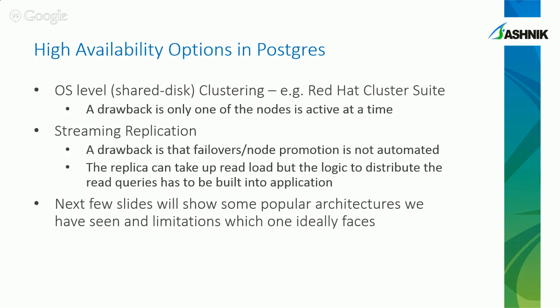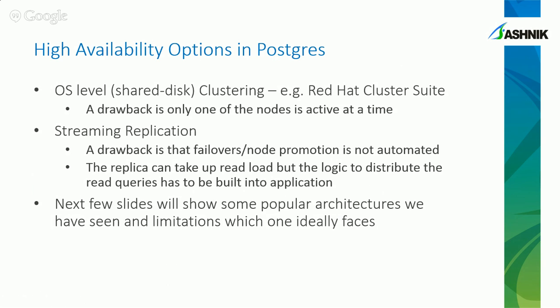Let's look at some of the high availability options that you have in PostgreSQL. You have OS level clustering, or you can use a separate cluster tool like Red Hat Cluster Suite, or you can use HP Service Guard.